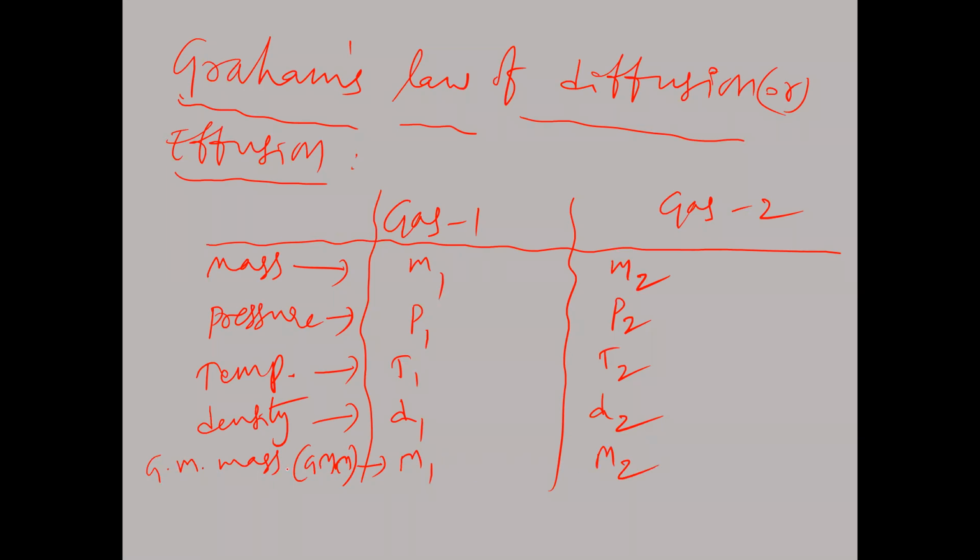Next you take vapor density. Vapor density of the first gas is VD1, and of the second gas is VD2. Generally, vapor density is equal to gram molecular mass of the gas divided by 2.